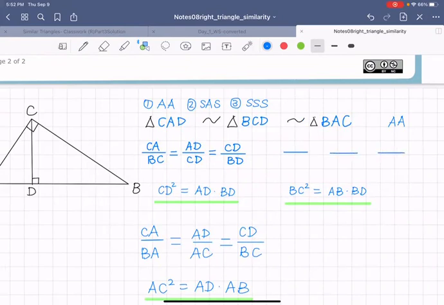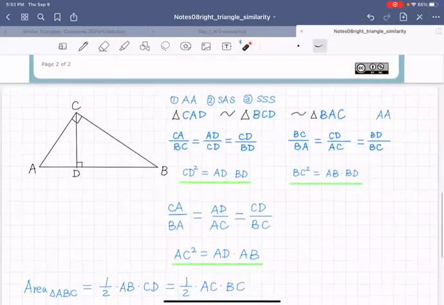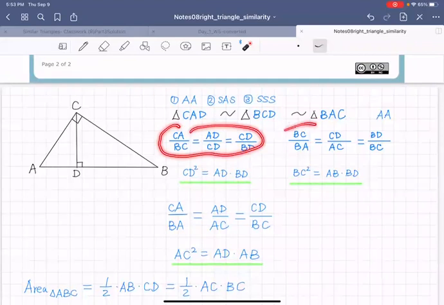BC over BA equals CD over AC equals BD over BC. Okay, makes sense. Yes. Now, when we have this kind of equations, this looks so long.